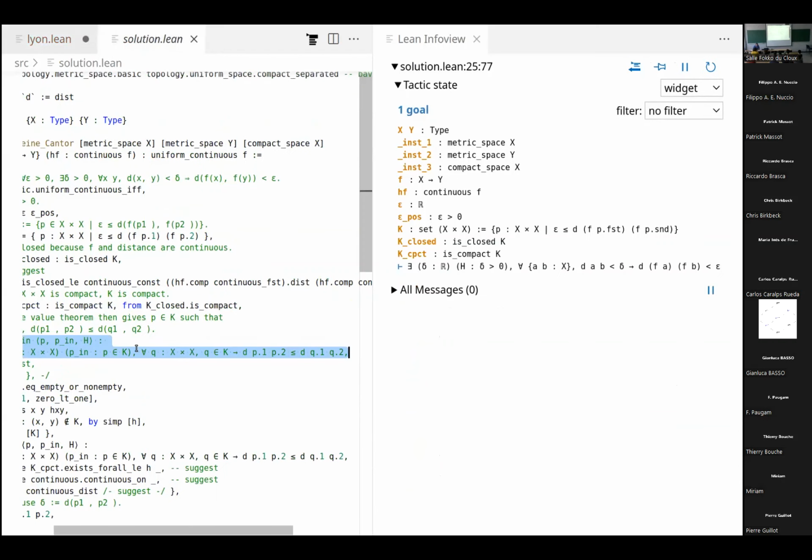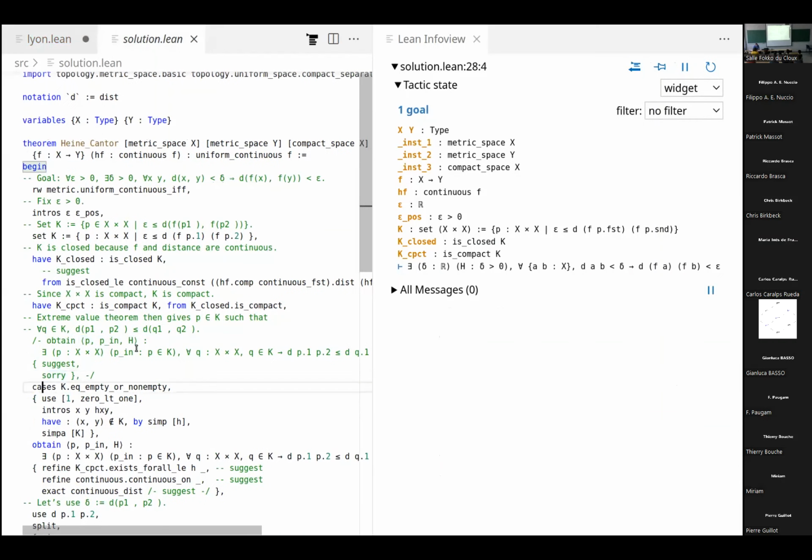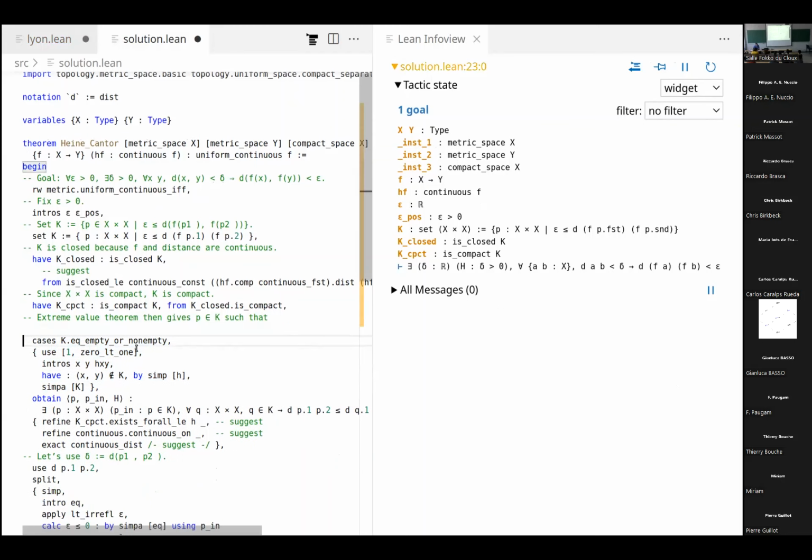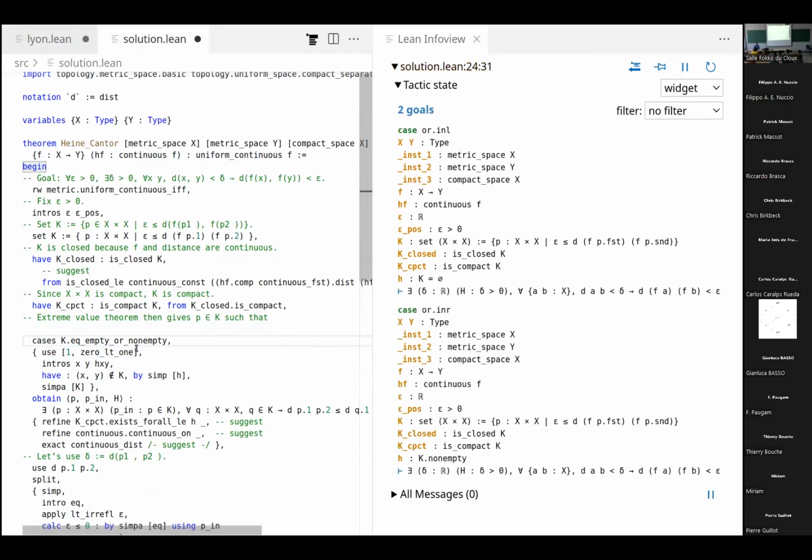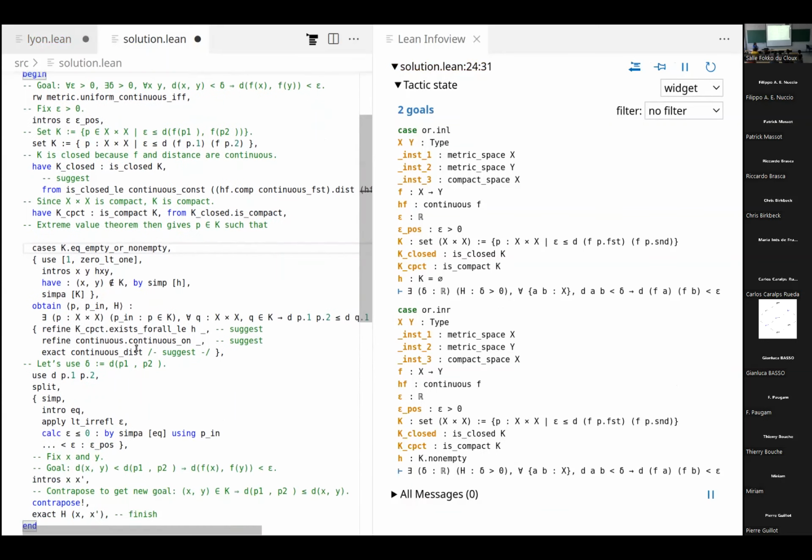But okay, I've got my solution file where I know that actually I could have done something more clever. Maybe I will stay on this solution file now. I do a case disjunction depending on whether K is empty or not. So I'm using this command cases, so I discuss depending whether K is empty or non-empty.